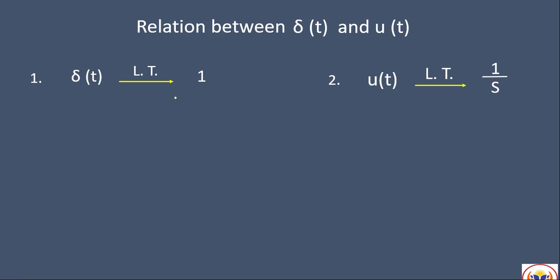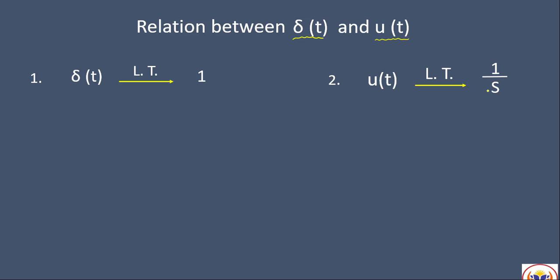First, we have the relation between the impulse signal del of t and the step signal u of t. We know del of t has Laplace transform 1, and u of t, the step signal, has Laplace transform 1 by s.